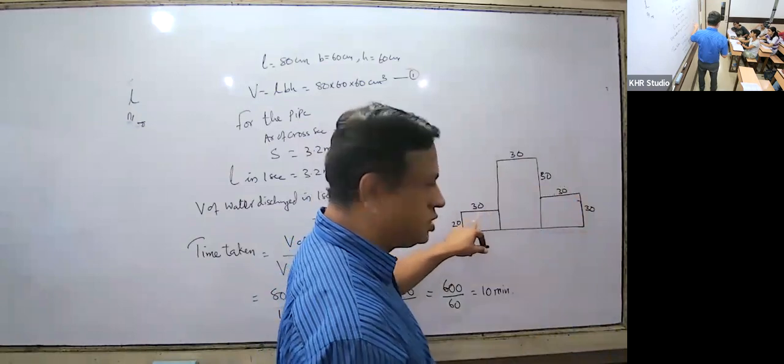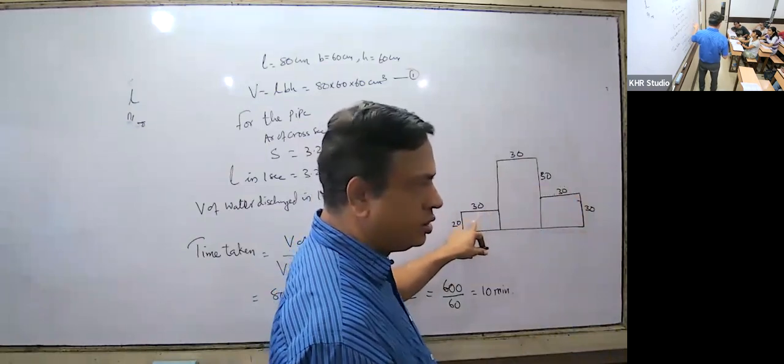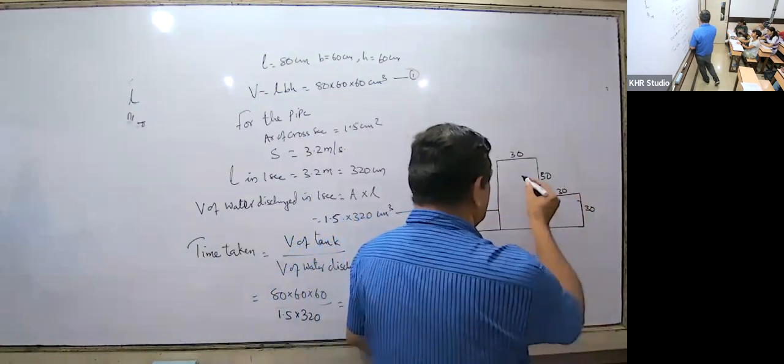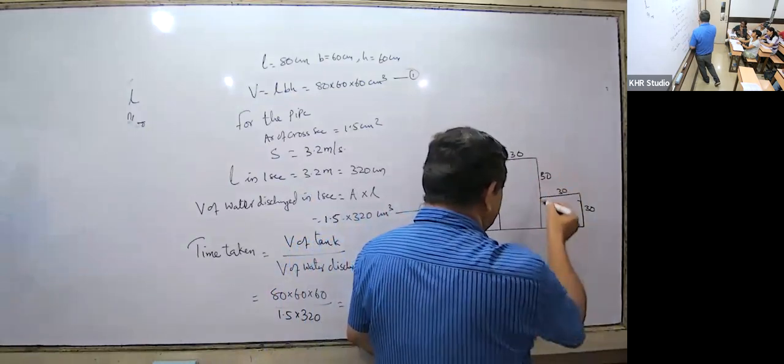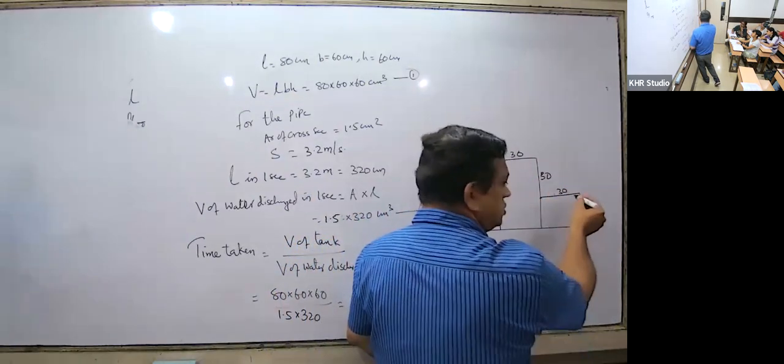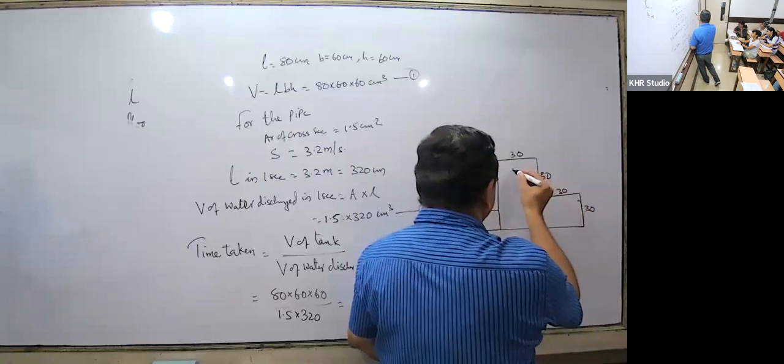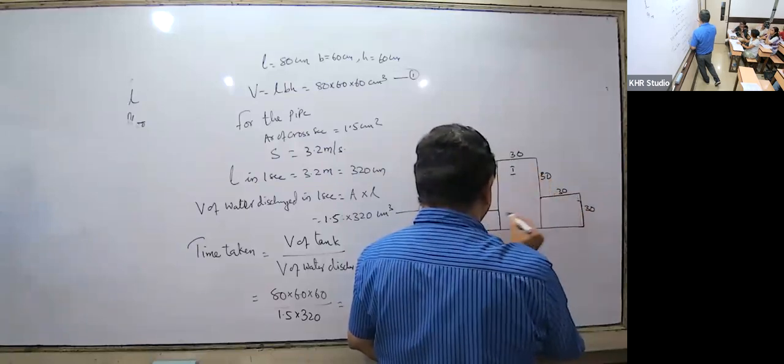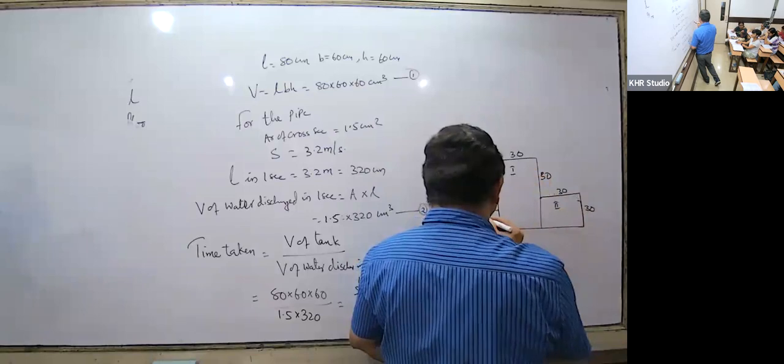Now tell me, what is the area of the first rectangle? 20 into 30. What is the area of the second rectangle? 60 into 30. What is the area of this rectangle? We mark this as 1, this is 2, and this is 3.